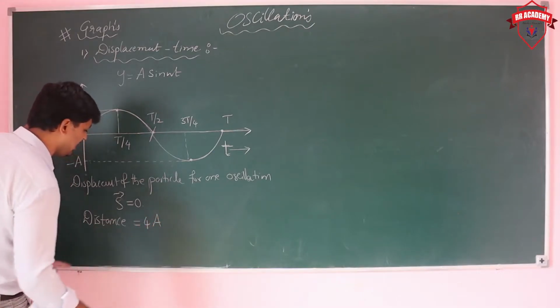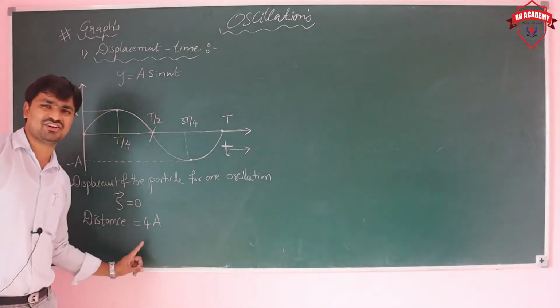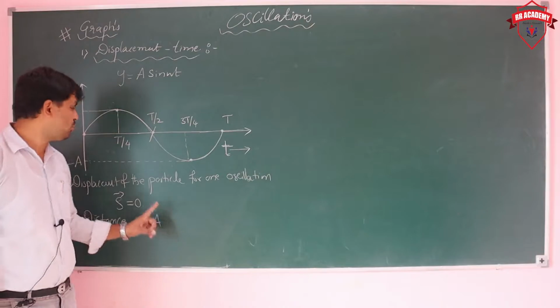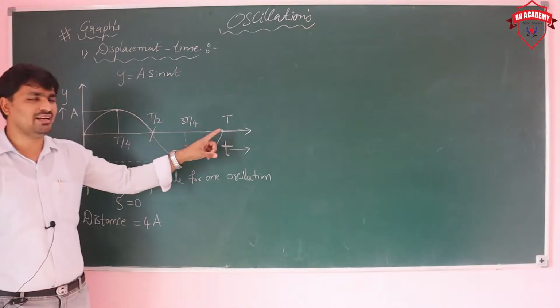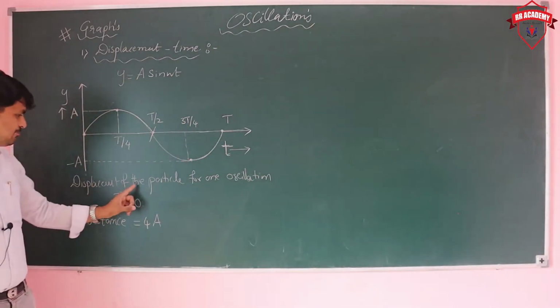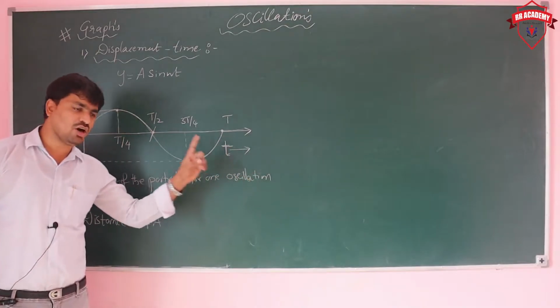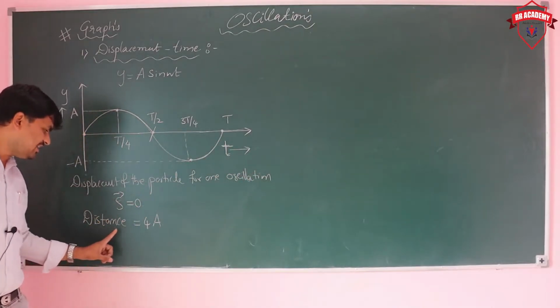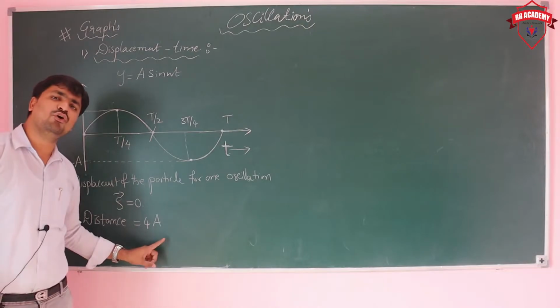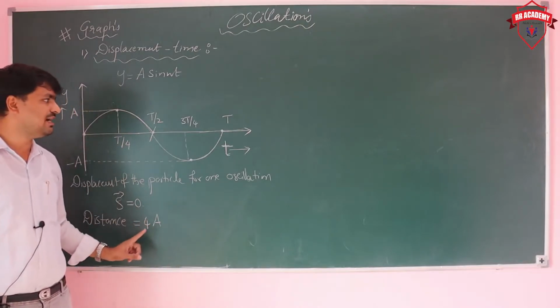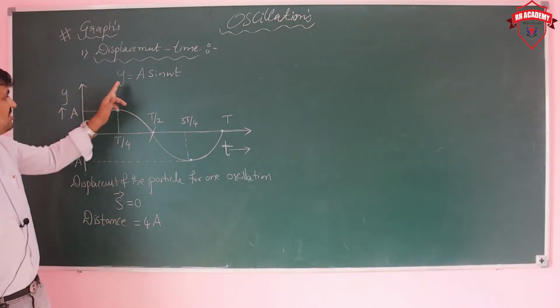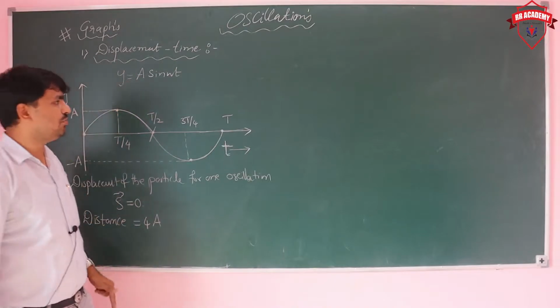Yes, distance is 4a, because distance is independent of direction. The displacement of the particle for one oscillation is 0 and the distance of the particle is 4a. This is for y equal to a sin omega t.